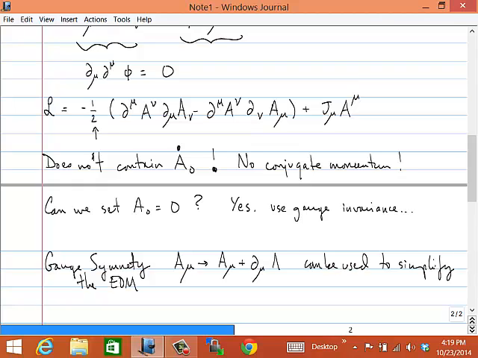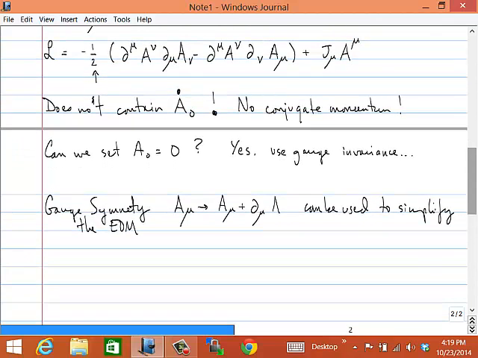So whereas naively you might think that A mu is a theory with 4 degrees of freedom, that electromagnetism should be described by 4 functions, each of which depends on space and time, what we're going to see is that because we have this gauge symmetry, there are in fact only 2 degrees of freedom, and these degrees of freedom correspond to the physical polarizations of a photon. And it's this use of gauge symmetry that's really going to be very useful and important when we try and quantize the theory.